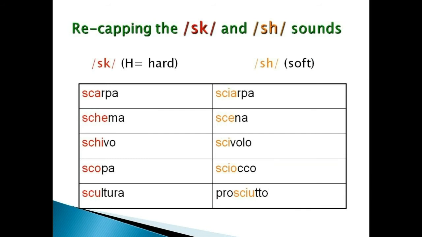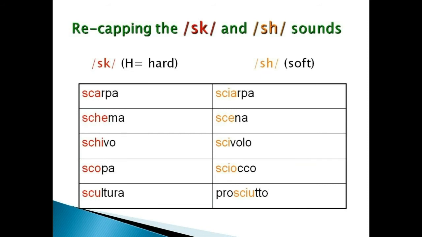Scarpa is a shoe which is in contact with the hard ground, so scarpa is something hard, whereas sciarpa, which means scarf, is something soft that you put around your neck. So sciarpa is soft. Scarpa, hard. Sciarpa, soft.